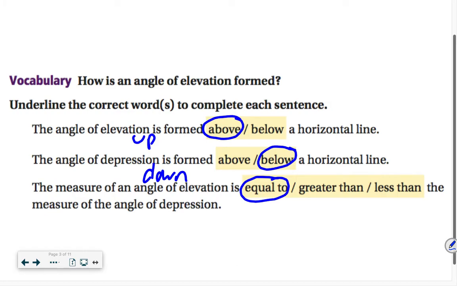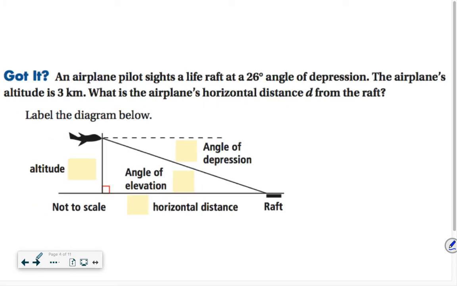First example. It says I have an airplane that sights a life raft at a 26-degree angle of depression. Okay, so my airplane looking down, it travels this way, right? Travels straight, doesn't travel straight down.